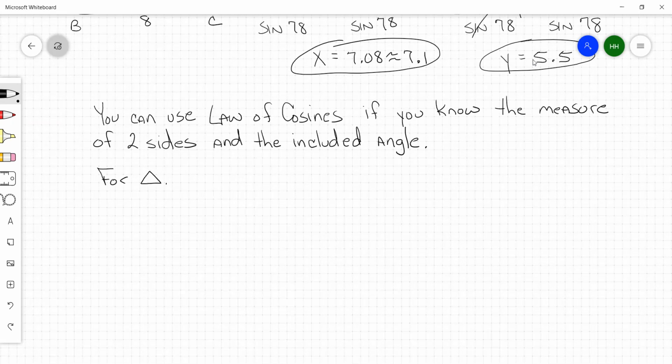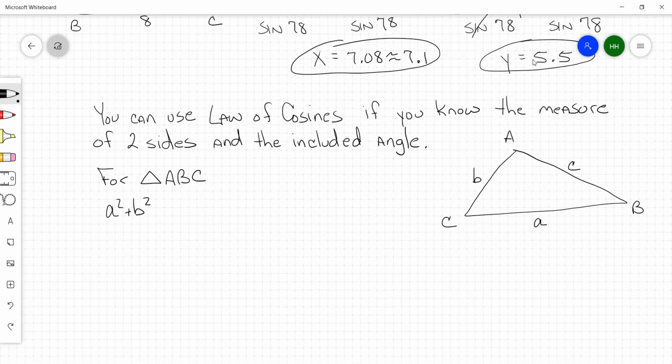For triangle ABC, where your vertices are capital A, B, and C, and your sides are lowercase a, b, and c, respectively, across from them.